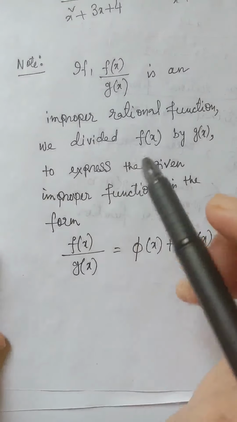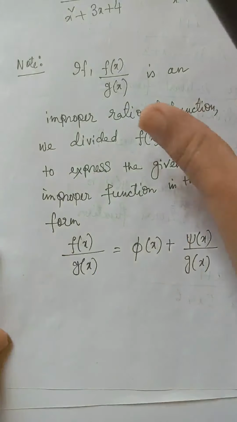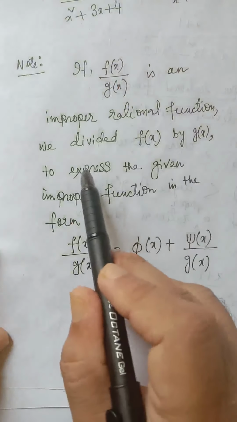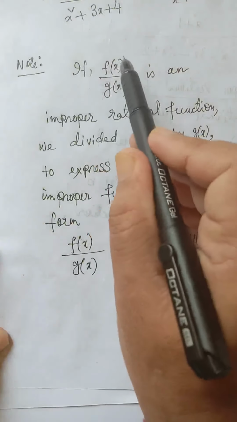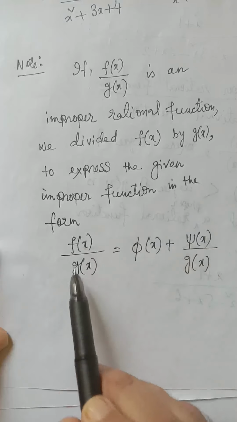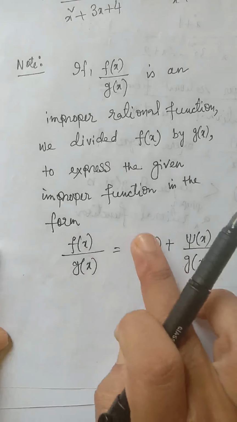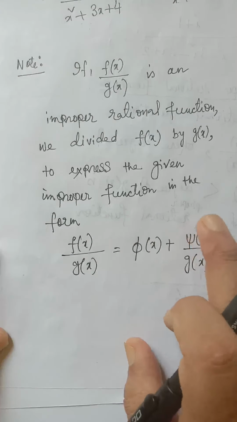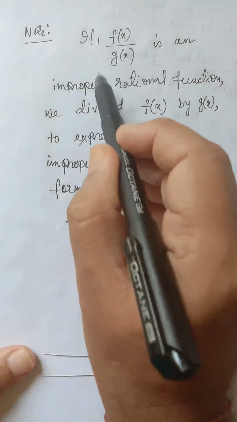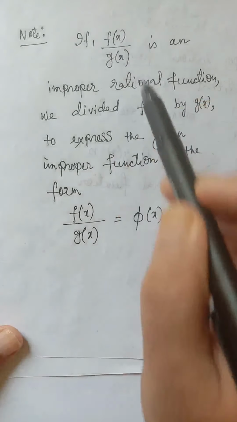If f(x) by g(x) is an improper rational function, then we divide f(x) by g(x) to express it in the form f(x) by g(x) equal to phi(x) plus psi(x) by g(x), where phi(x) is a polynomial and psi(x) may be a polynomial or a constant. For an improper rational function, first we divide f(x) by g(x) to express the given fraction in this form.